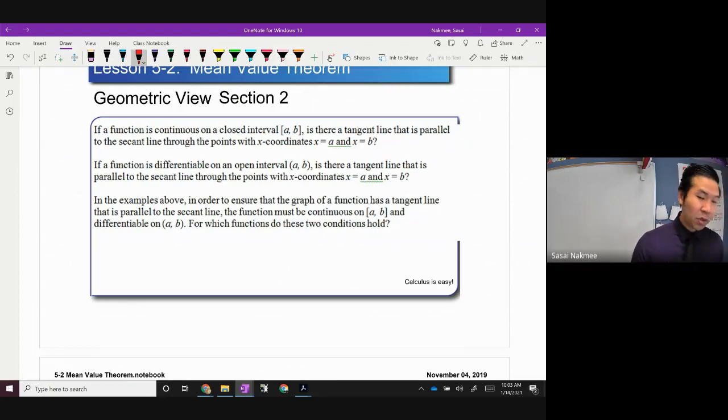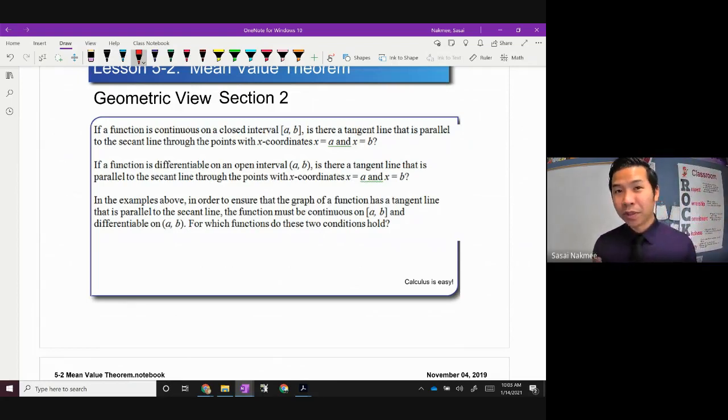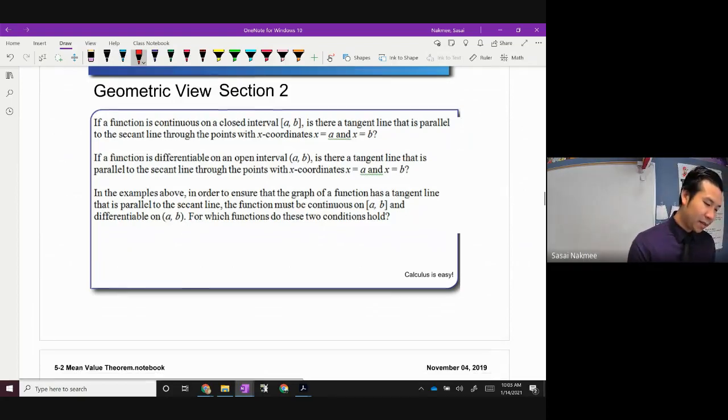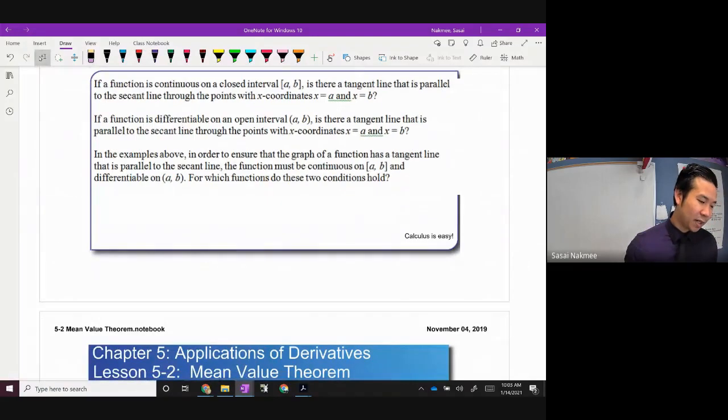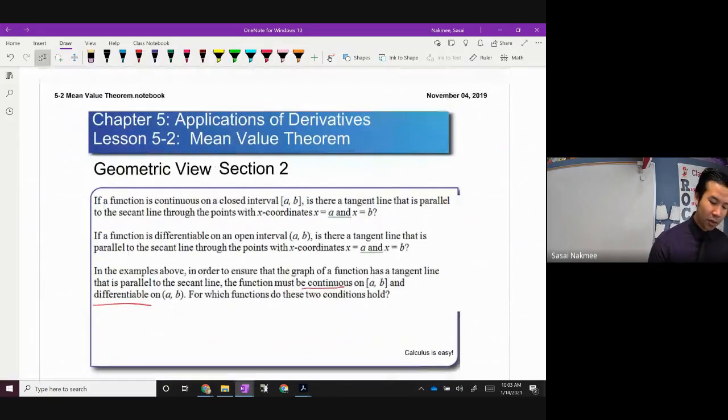It only holds true if the function is both continuous and differentiable, right? In order to ensure that the graph of a function has a tangent line that is parallel to the secant line, the function must be continuous, and that's the key word right there, and differentiable. You see that?